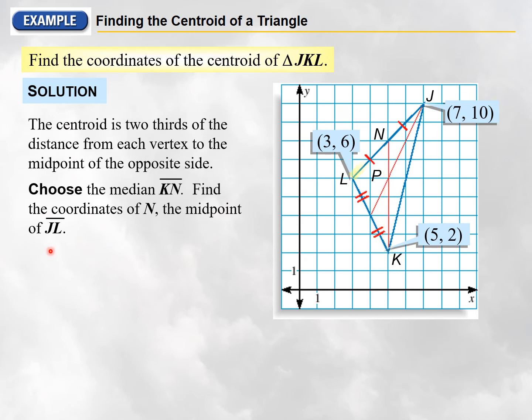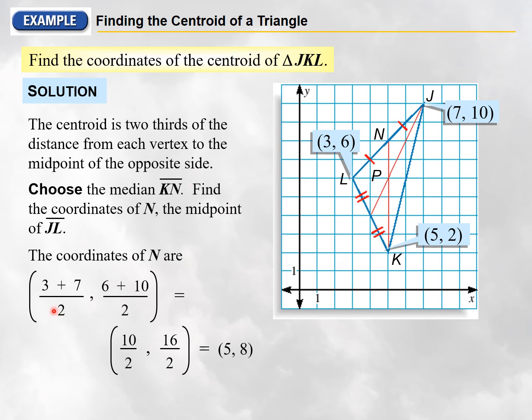The midpoint of JL, look at that. We know the midpoint formula. By using the midpoint formula, we get the coordinates of N as (5, 8). The x coordinate will be 5 and y will be 8.